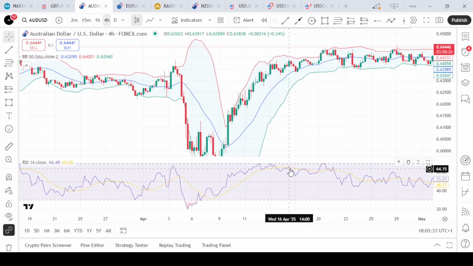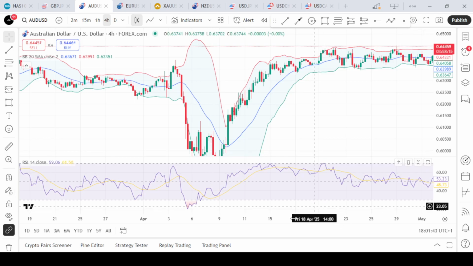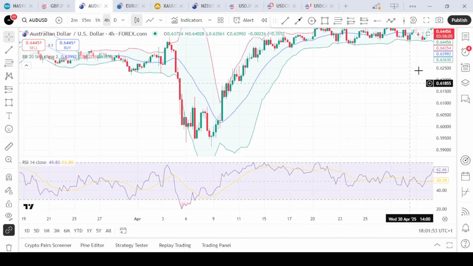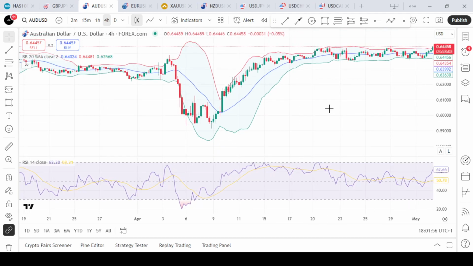This is typically why you must combine the Bollinger Band strategy with other indicators to further strengthen and give you more confidence when taking the trade. You always have to understand the broader market context and combine the Bollinger Band with support and resistance levels. You can use support and resistance levels to avoid fake break signals or false signals.